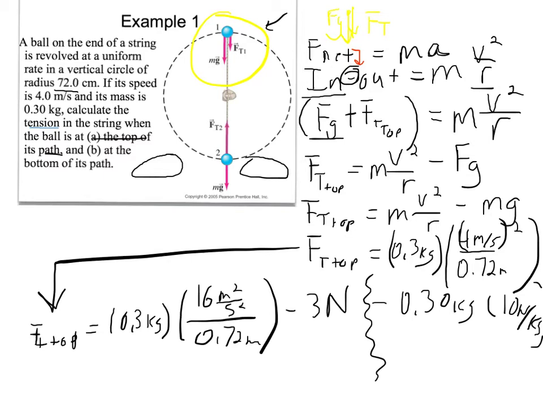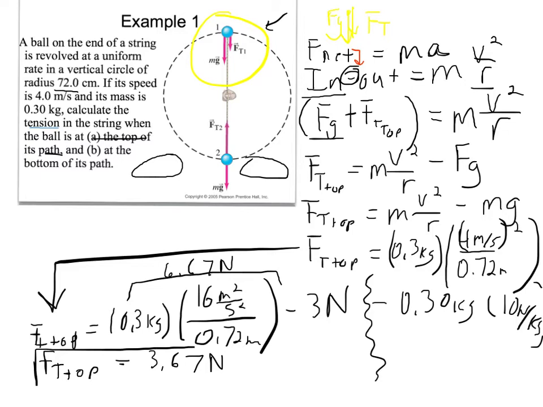So now I've got to do 16 over 0.72, multiply that by 0.3, and subtract 3 newtons. 16 over 0.72 gives me about 22, times 0.3 gives me 6.67 newtons, and so this all right here came to 6.67 newtons, minus 3 newtons gives me the force of tension at the top is equal to 3.67 newtons. And there's my answer.